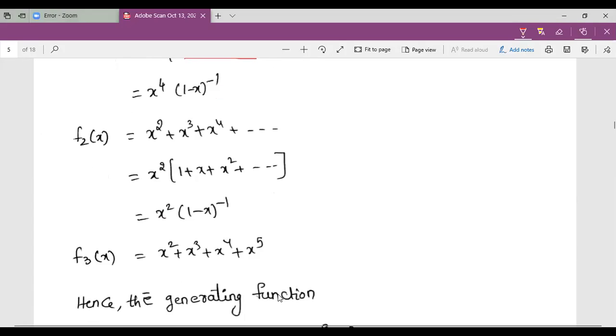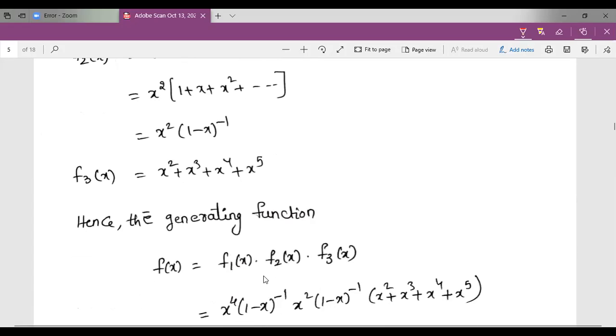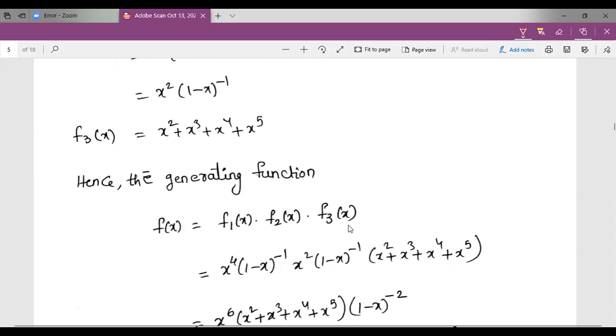So hence the generating function for these constraints, f of x, is equal to f1 of x into f2 of x into f3 of x. So f1 of x is equal to x power 4 into 1 minus x whole power minus 1. f2 of x is equal to x square into 1 minus x whole power minus 1. f3 of x is equal to x square plus x cube plus x power 4 plus x power 5.